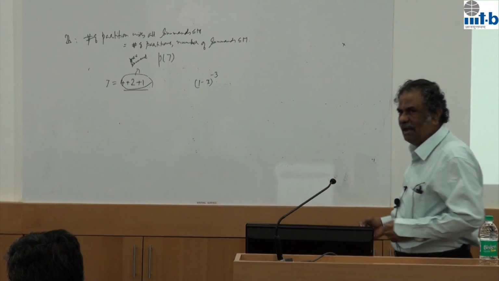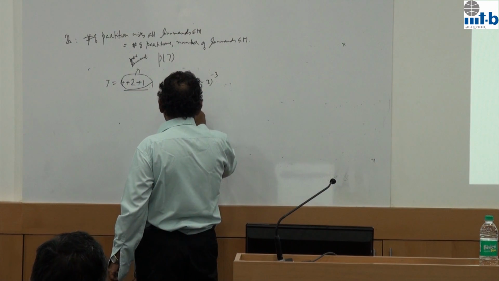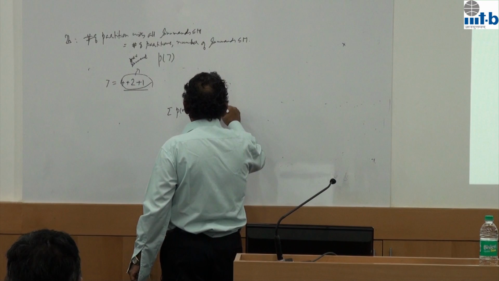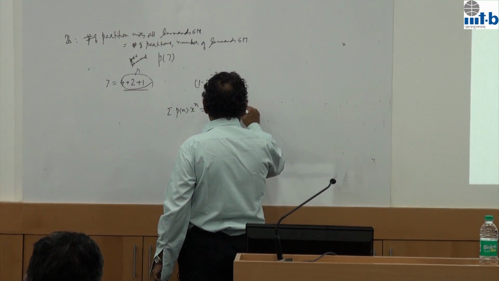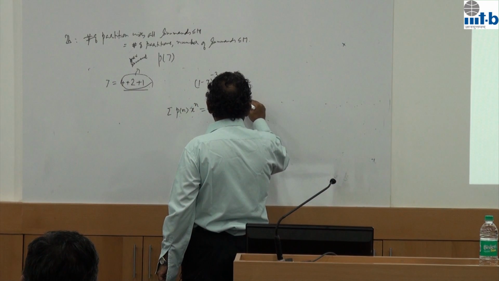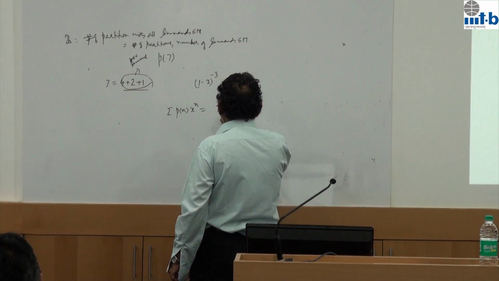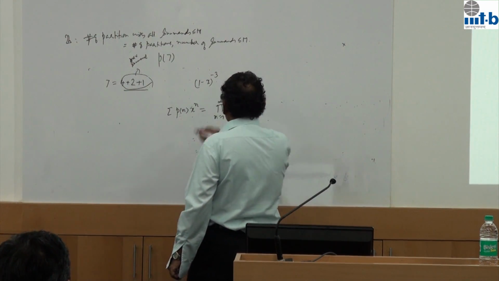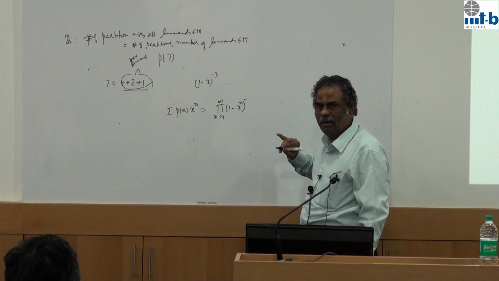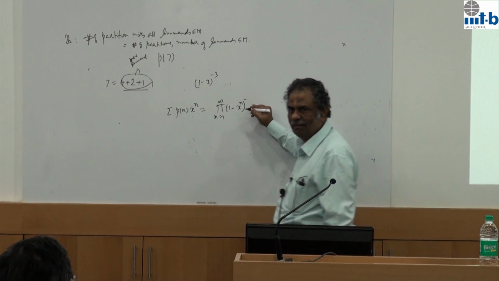Now the number of partitions would be x to the power n, where should you put it, minus n.